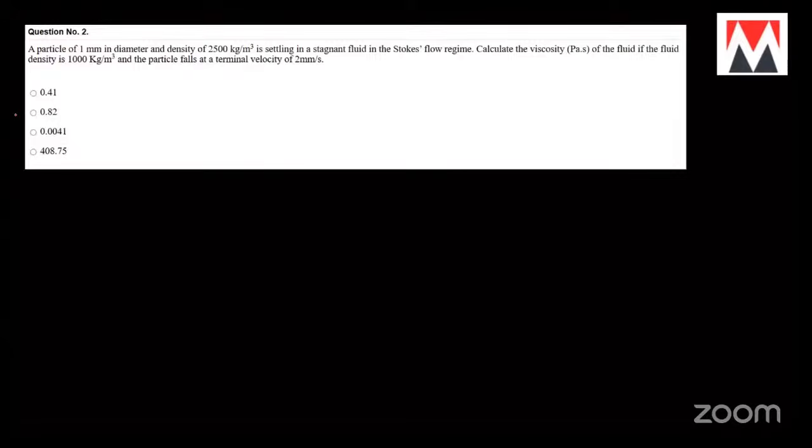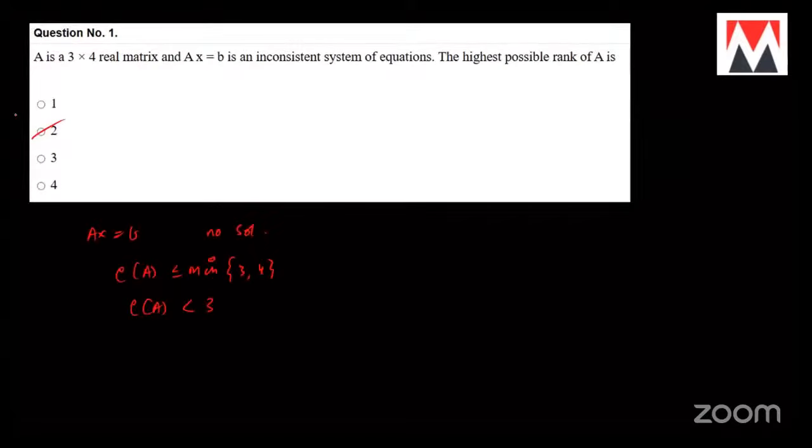So can you repeat the previous question, please? Yeah. When A is a 3 cross 4 real matrix, suppose you have a matrix which is m cross n. So how do you identify the rank of a matrix? It is the minimum of these two. Minimum of m, n. Rank of A is less than or equal to minimum of m cross n. He's saying inconsistent, no. So inconsistent means definitely it will be less than these values because inconsistent means you'll have one row as 0, 0, 0 or one column as 0, 0, 0.